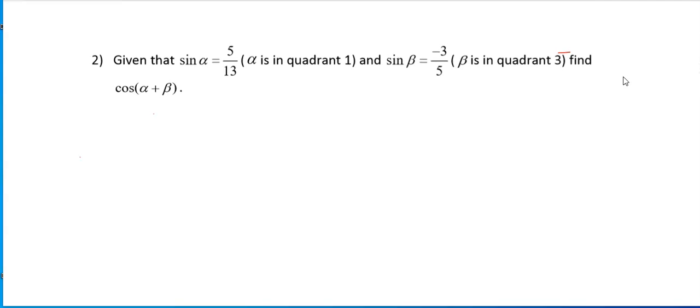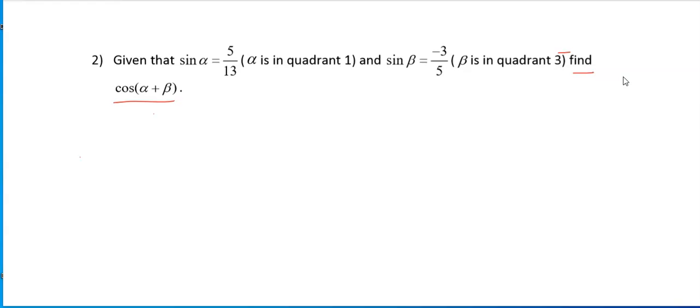Now there's a little something left out here as well. Typically, when I ask a question like this on a quiz or on a test, I don't just say find the cosine of alpha plus beta, because I really don't want you finding the angle alpha or the angle beta. That's not what this question is about. This question wants you to use another technique, a different approach.